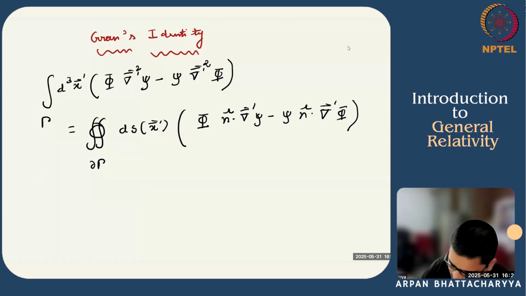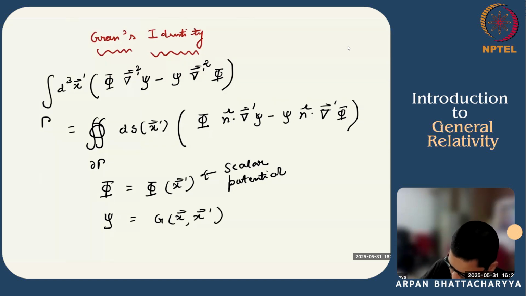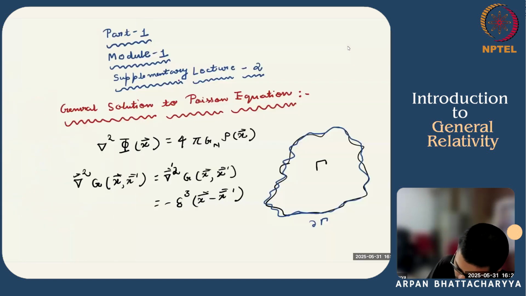Now we substitute this phi as our scalar potential that we intend to solve for in the Poisson equation. And this psi we choose to be the Green's function. Just to remind you, because it is a linear differential equation, usually we first solve for the Green's function.